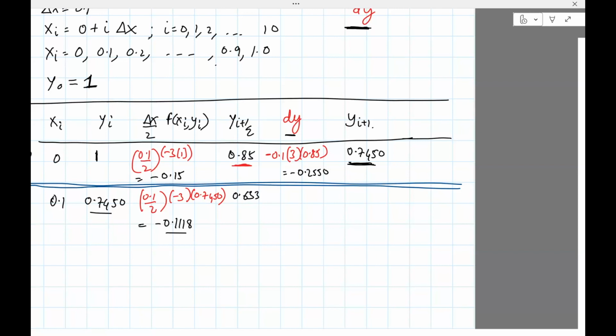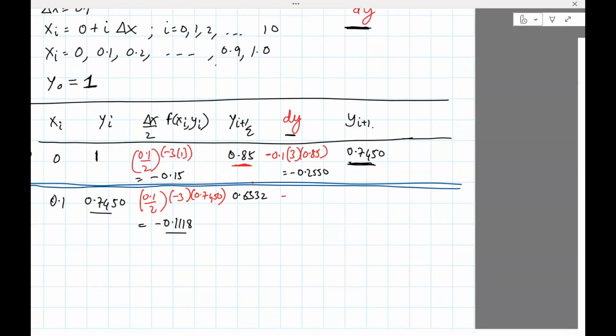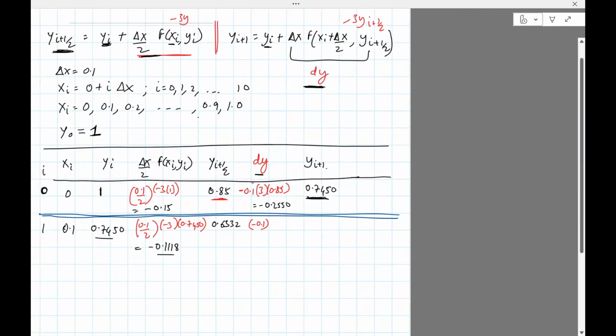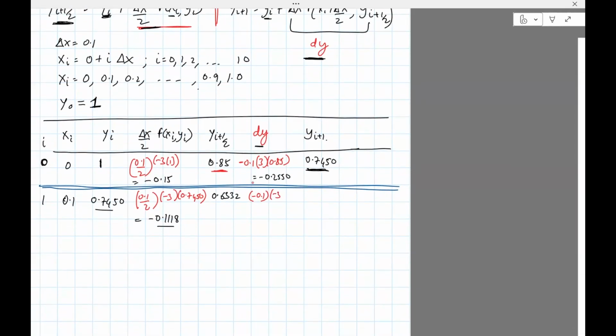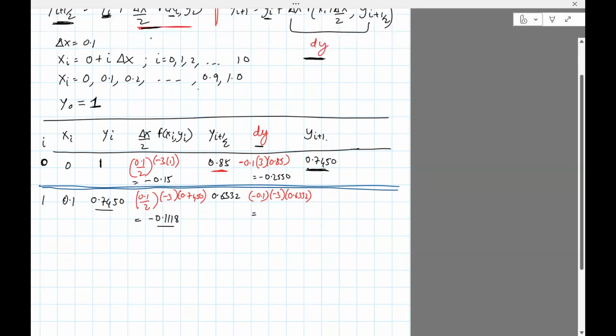So then we sum the two, this with this, and you get 0.6332. Then dy, we write that down, and then you can take on from there, 0.1. This is the step size. So I'm looking at this formula. F of this is minus 3 times whatever I got for this, 0.6332. So that comes out to be minus 0.19.